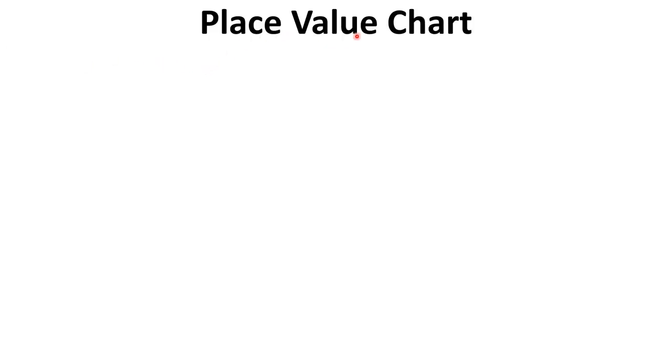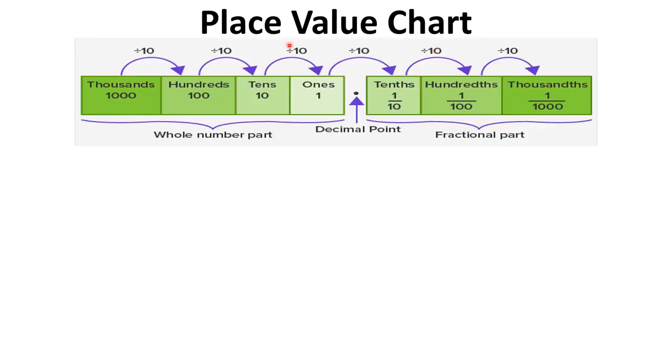Now see the place value chart of decimal. Of the whole numbers you have done. Now see the place value chart of decimal numbers. See, this is the ones place, tens place, hundreds place, thousands place, and these all are known as the whole number part.